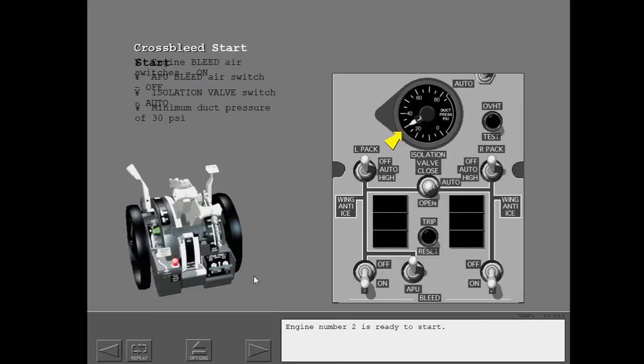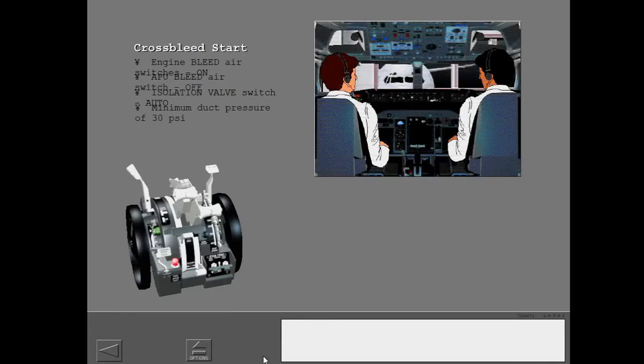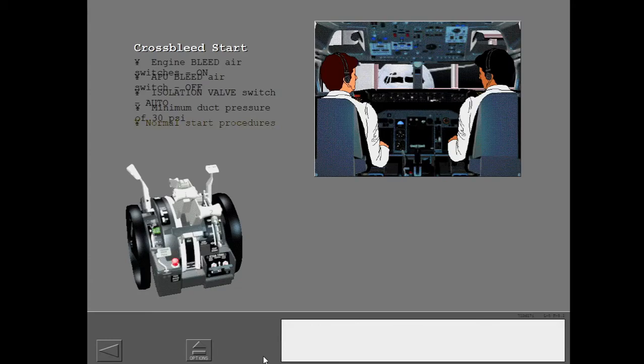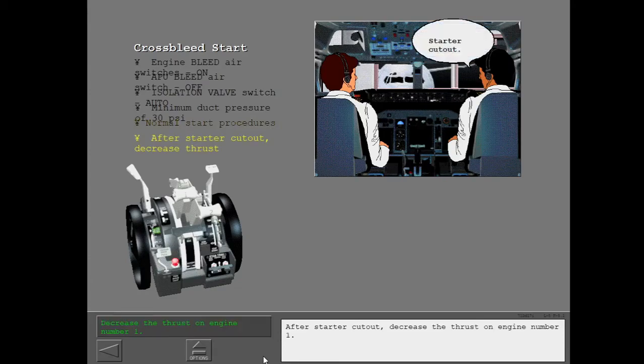Engine number 2 is ready to start. Normal start procedures are used to start engine number 2. After starter cutout, decrease the thrust on engine number 1.